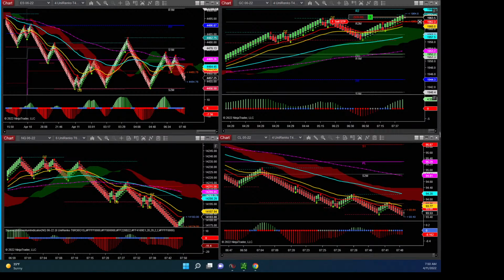Lots of resistance there. Coming back down. Yeah, it doesn't look like it wants to go.